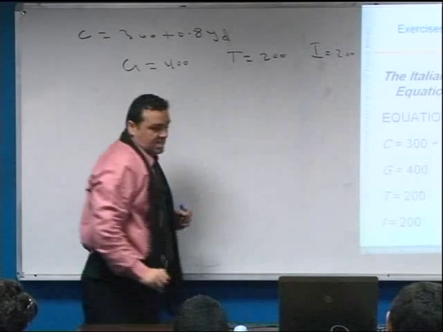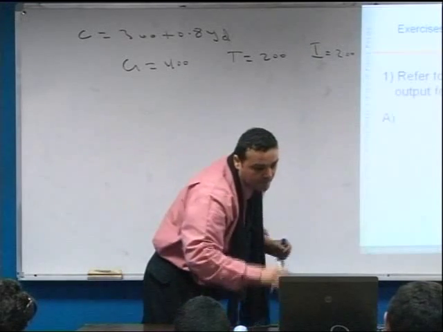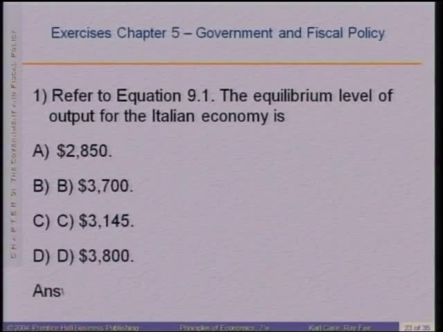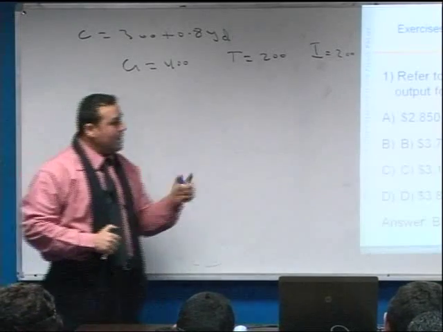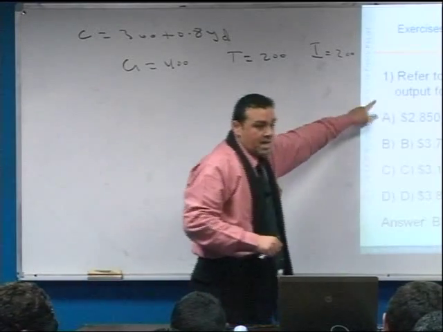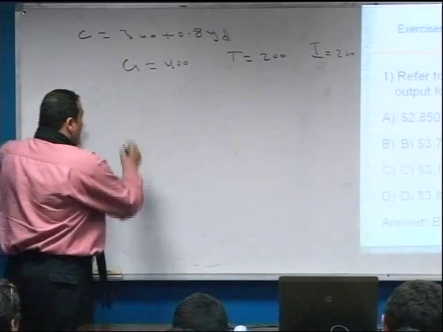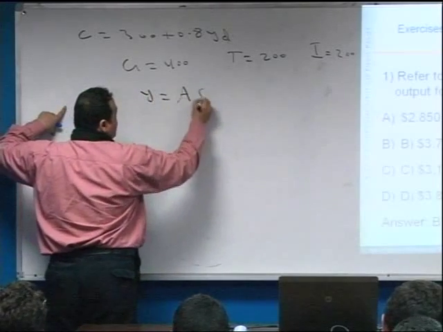The planned investment equals 200. The question is, number one, the equilibrium level of output for the Italian economy is how much? So we have to calculate the equilibrium level of aggregate output. At equilibrium, Y equals aggregate expenditure.